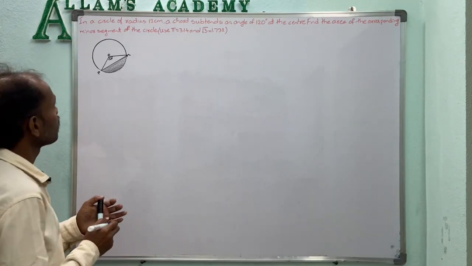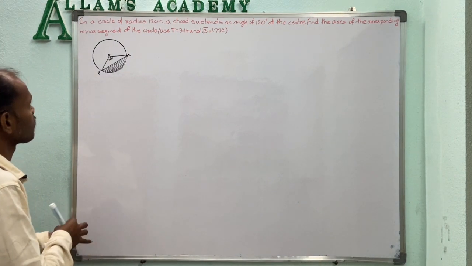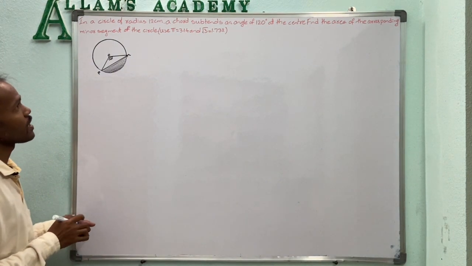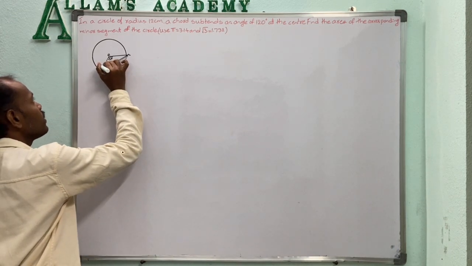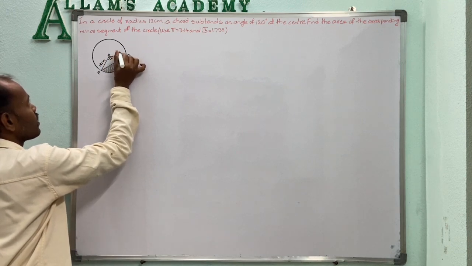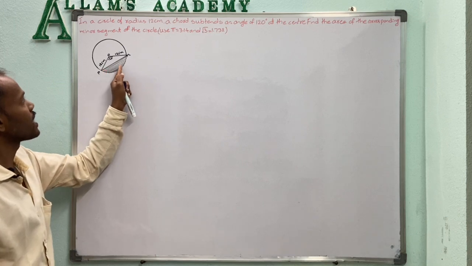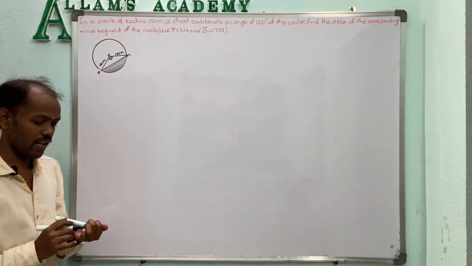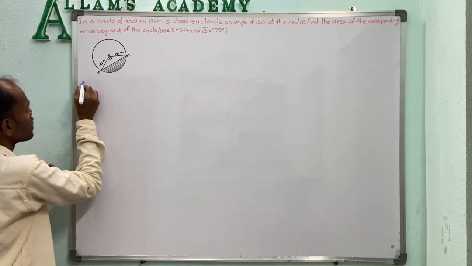Now here, the radius is 12 centimeters, and this chord PM subtends 120 degrees at the center, which we have drawn. Here we want to find the area of this minor segment. So first we write the given information.